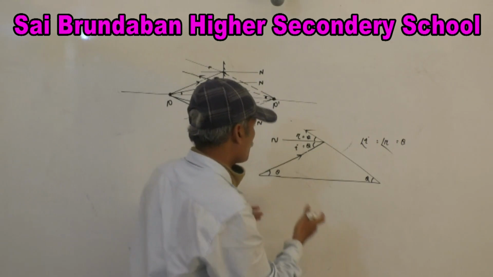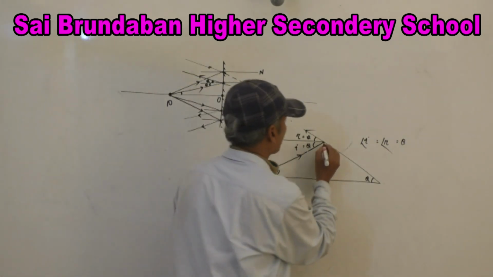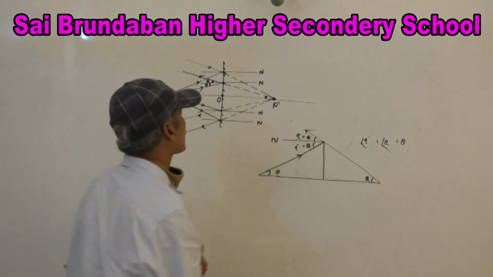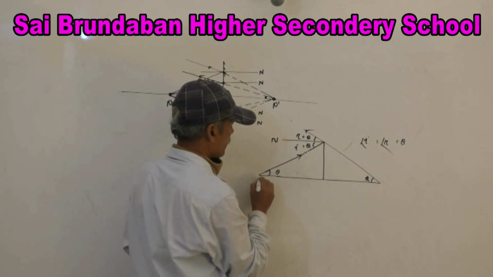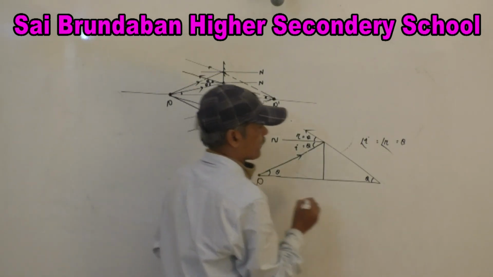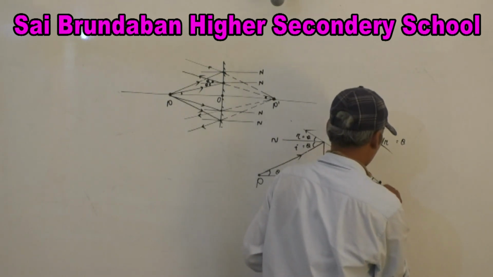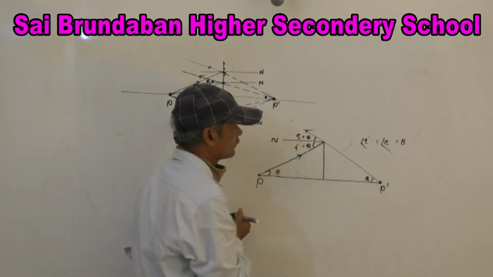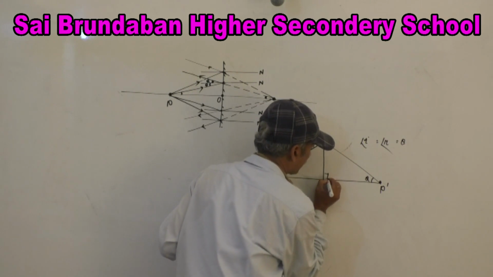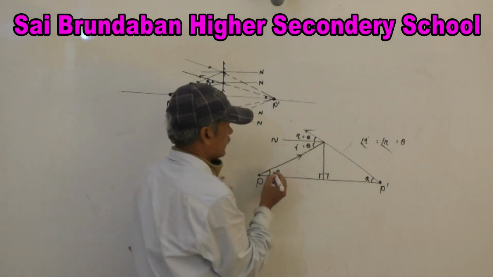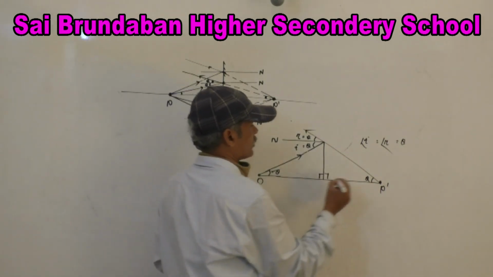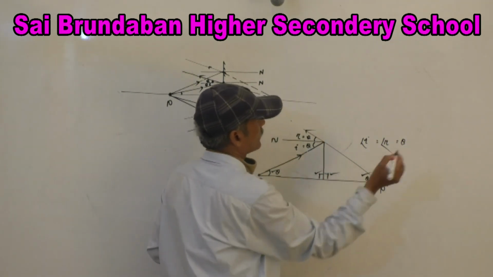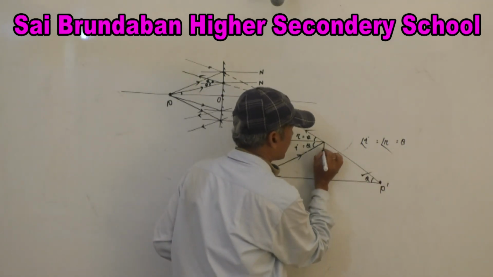So what happened? You draw the perpendicular here. Take name as P, this is P dash, so now this is 90 degree, this angle is equal to this angle is equal to this angle, so no doubt this angle is equal to this angle.